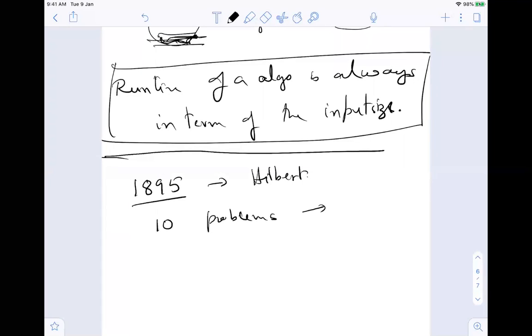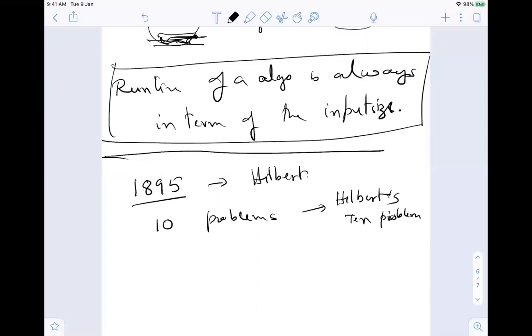These are Hilbert's 10 problems. You can search for them on the internet. I might be wrong here. It might not be 10, maybe 20, but some small number of problems. He said this is what will guide us for the next 100 years.